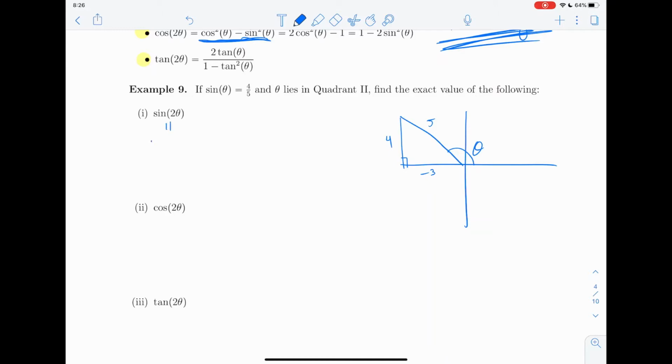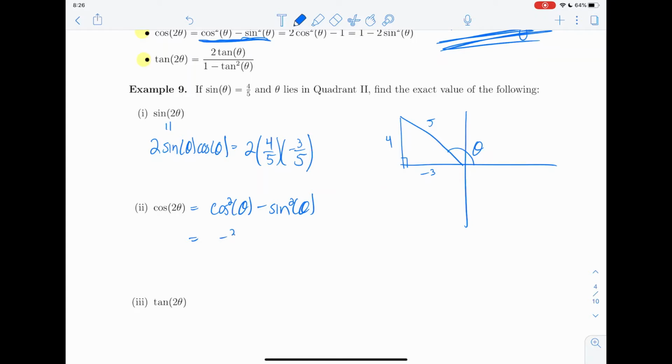Sine of 2 theta is equal to 2 sine theta cosine theta, and from this picture, we know that cosine is -3/5. Sine was given to us as 4/5, and so their product gets us to the finish line. Cosine 2 theta, I'm going to use the baseline version of that, which is cosine squared theta minus sine squared theta, because I already know those quantities.